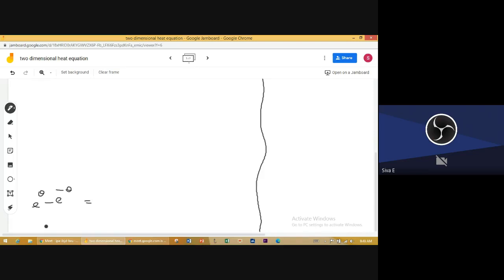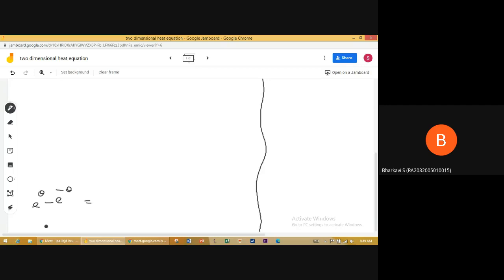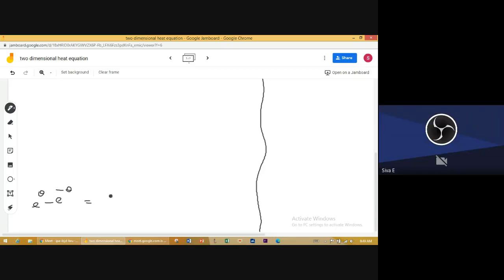Anybody? So 2 sin theta? 2 sin theta is somewhat okay, but it is 2 sinh theta. e power i theta minus e power minus i theta is 2i sin theta. e power theta minus e power minus theta is 2 sinh theta.